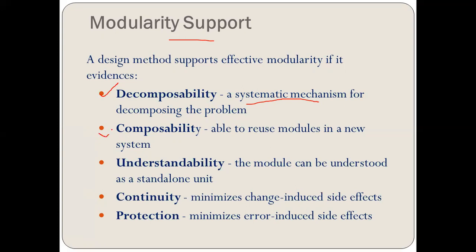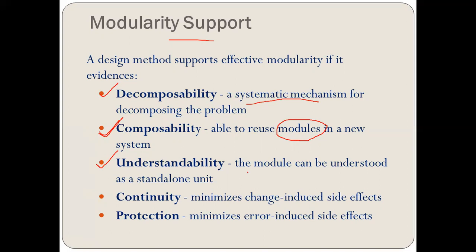Next one is composability. Composability means we are going to reuse these modules in new systems. These modules, which are small problem solutions, can be reused, which makes it more profitable. Next one is understandability.